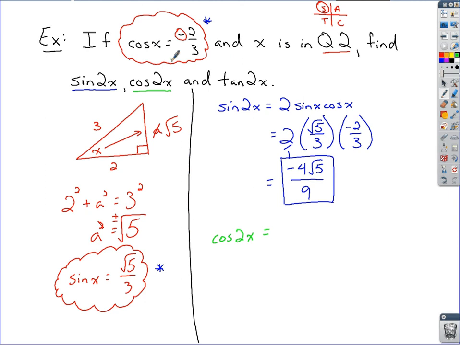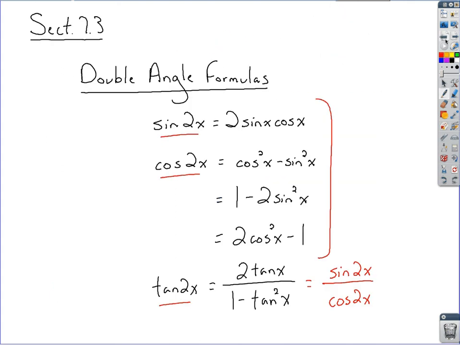But if we went back to the very beginning and didn't have any of this work on this side, and we just knew what the cosine was, it would make the most sense to use this formula right here. Right? If we were only given cosine, we could just plug into that guy. So I'm going to go ahead and plug into that guy just in case I made a mistake on the first part, which is very unlikely.